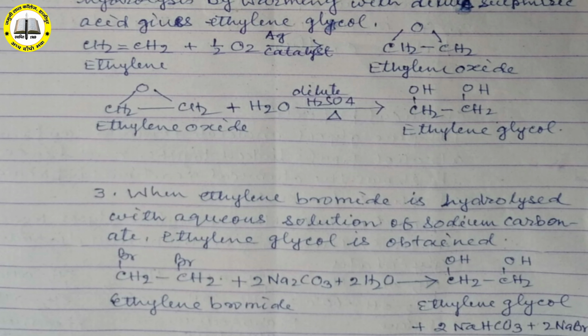Ethylene glycol, that is CH2OH-CH2OH, is obtained. So the equation can be written as CH2=CH2 plus H2O2, in presence of osmium tetraoxide, OsO4, gives CH2OH-CH2OH, that is ethylene glycol.